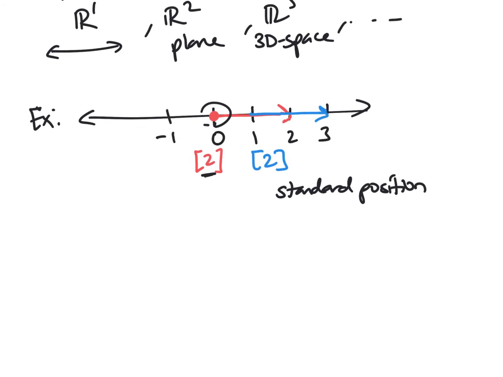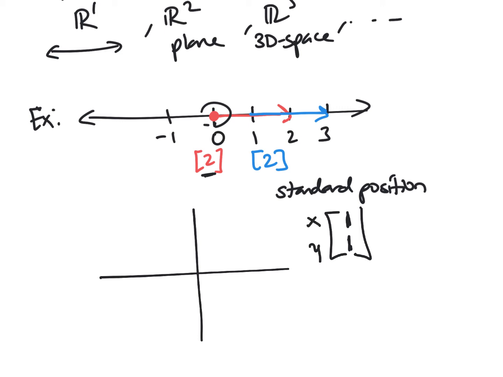This is maybe easier to see when I move up to the plane. If I talk about the standard position vector (1, 1), what does this mean? You want to think of this as your x-coordinate, this is your y-coordinate, and so this says over 1 and up 1. That tells me my direction and my length, because I can calculate distance here.